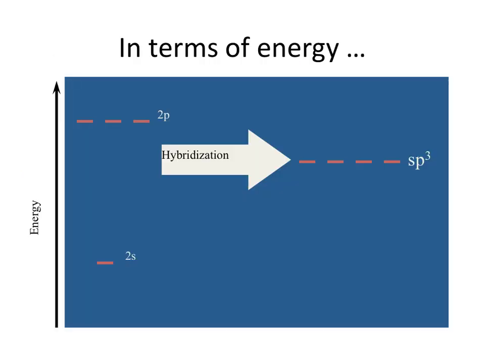Now, in terms of energy, notice, normally our 2s and our 2p are relatively different in energy values. However, when we hybridize them and mix them, basically it causes degeneracy within the orbitals. And this is supported by the types of bonds that we see created within the molecules that are created with these types of orbital overlaps.